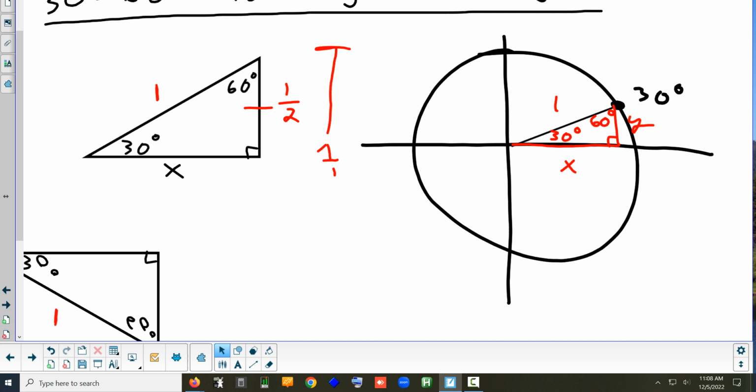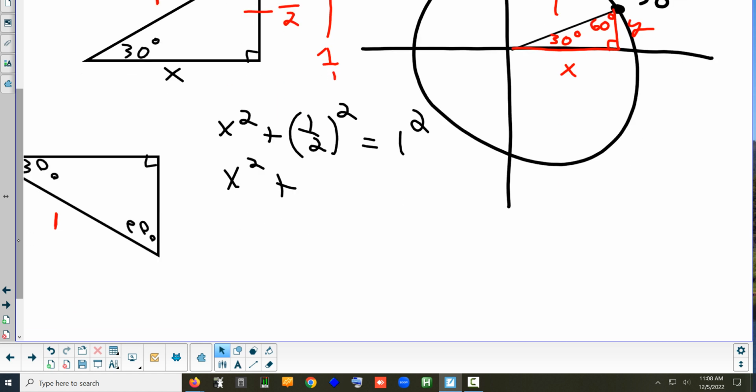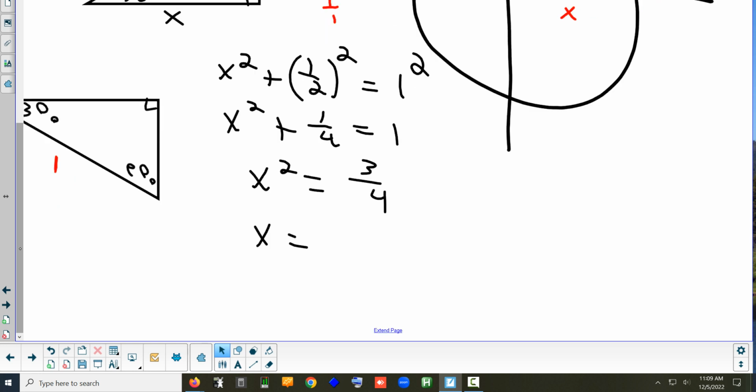Yeah? x squared plus 1/2 squared equals 1 squared. Right, so x squared plus, what's 1/2 squared? 1/4. So x squared would equal how much? 3/4. So x would equal? Yeah, what do we get when we simplify that?